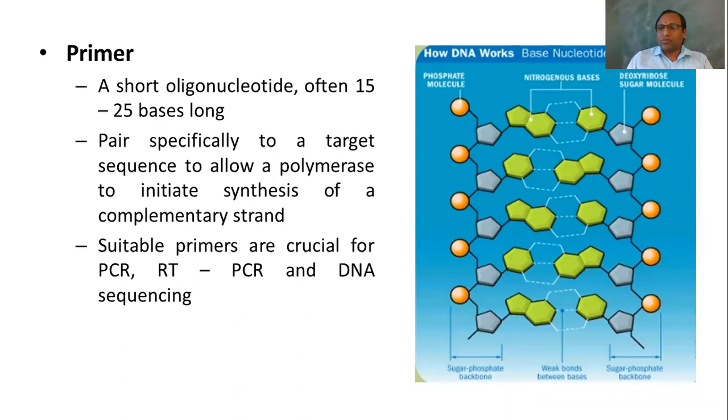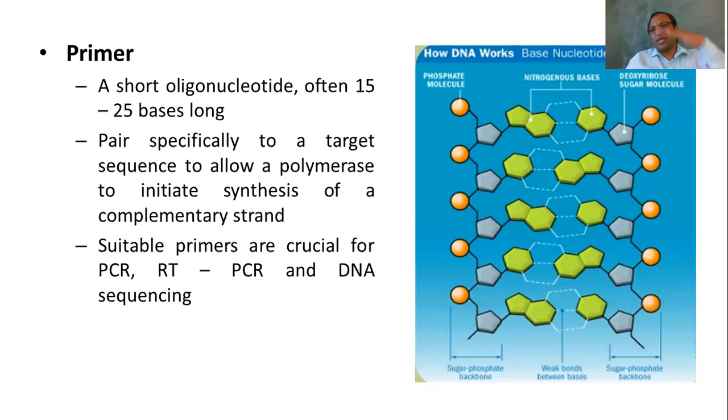In the normal case, when we are doing PCR or DNA sequencing, we require the primer. As I said, it is an oligonucleotide sequence 15 to 25 bases long, and it pairs specifically to a target sequence to allow the polymerases to initiate the synthesis of the complementary strand.